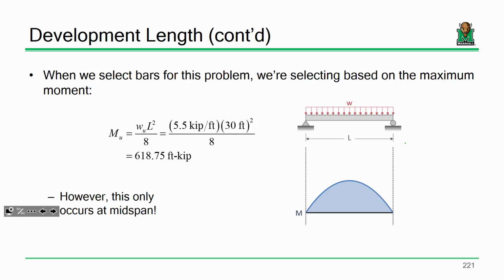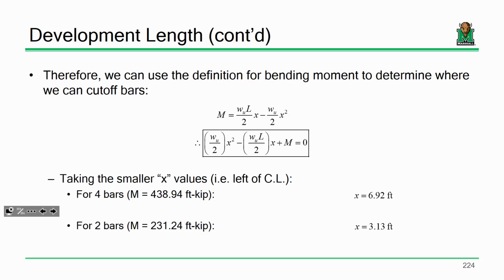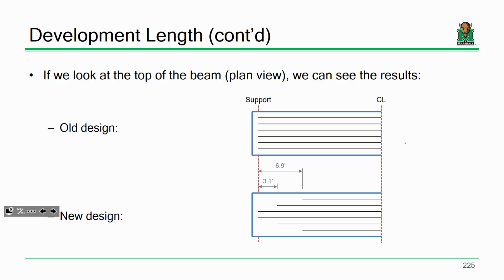If we interpolate off our moment diagram, we really only need 6 bars about right here, 4 bars about right here, and 2 bars about right here.